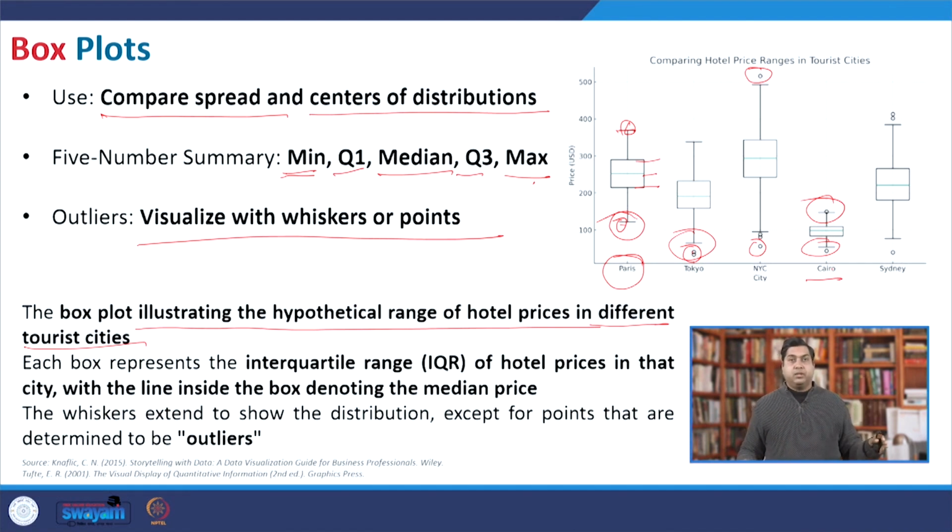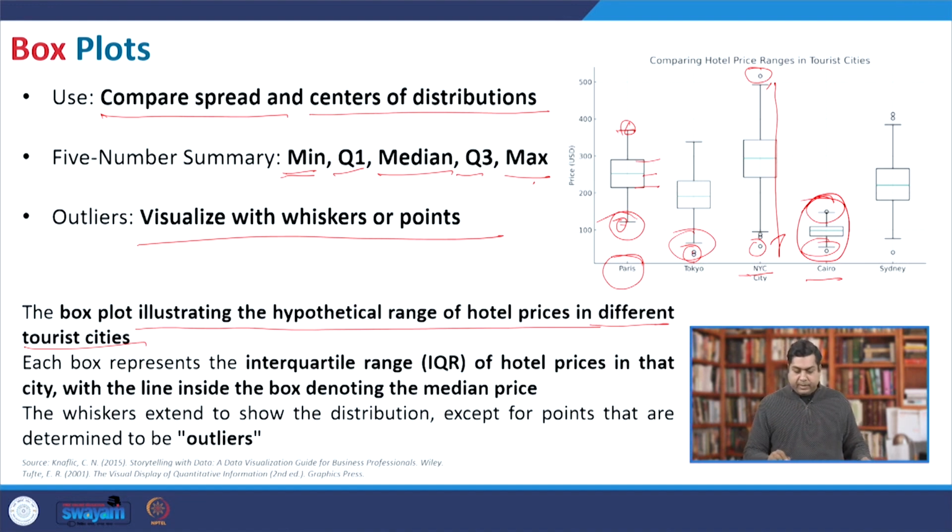More importantly, this will also tell you about the overall distribution of the data. Looking at the box plot and whisker plot, in Cairo the variability is very low, that is, the range between the minimum and maximum is very small compared to New York City, where it varies too much. You have very high-end hotels where the rent is too high, and also comparatively lower ones.